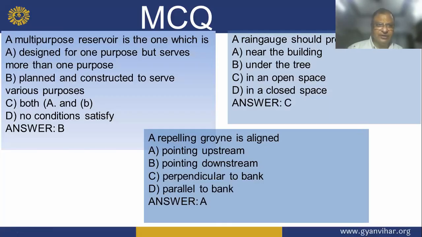Question number 1. A multi-purpose reservoir is one which is designed for one purpose but serves others. Which statement is correct? The four answer options are on your screen. Correct answer is B, planned and constructed to serve.